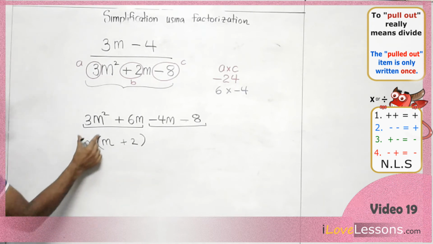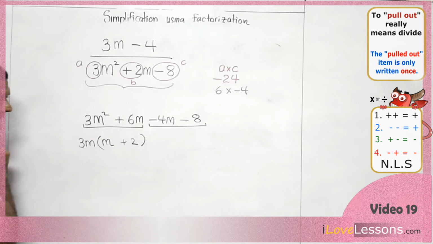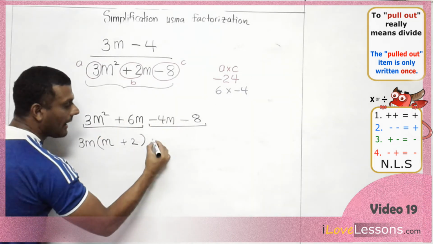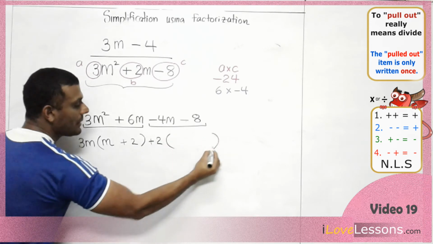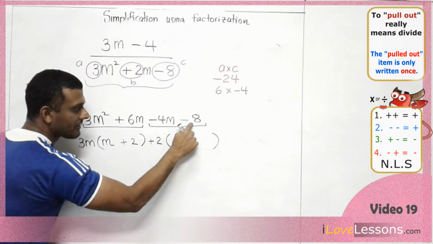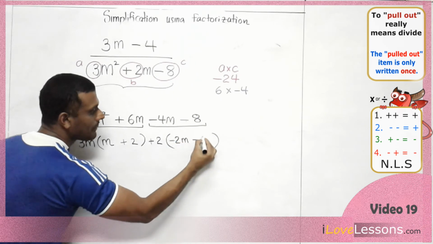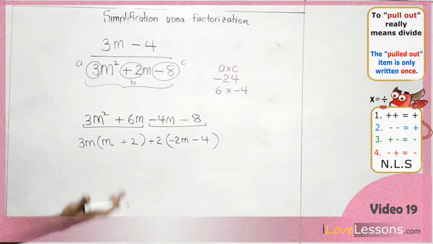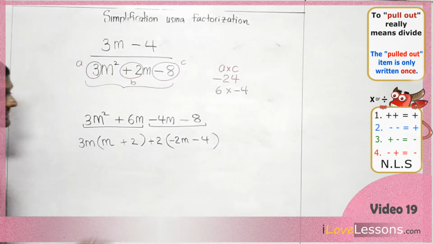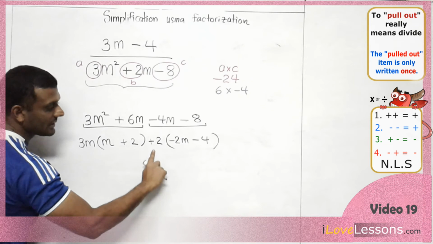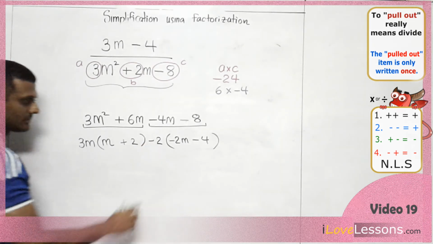Because that means I'm visiting everyone here and dividing them by 3m. Over here, I'm going to pull out positive 2. If I pull out positive 2, I'm going to divide everyone here by 2, so I believe I'll get minus 2m minus 4. Notice the items in the brackets do not look exactly the same. So instead of pulling out positive 2, I'm going to pull out negative 2.